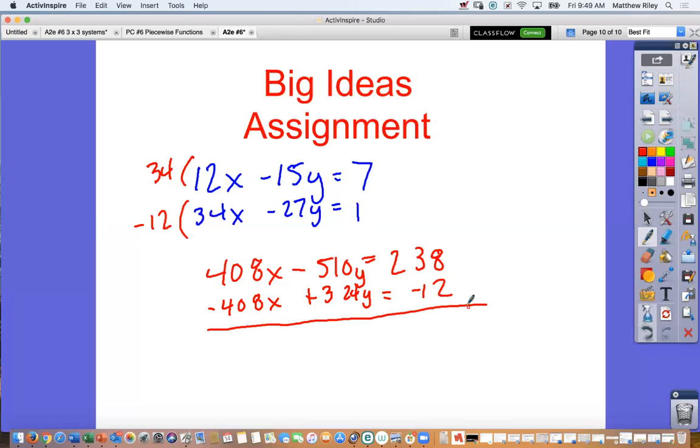So once they cancel out, I just subtract. Negative 186y equals 226.